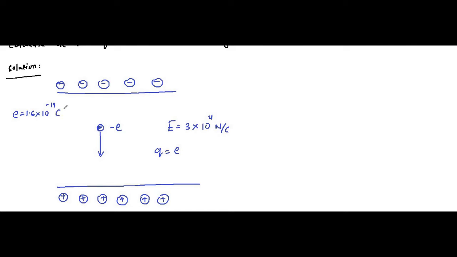We know that electric field is equal to force acting per unit charge, so force is equal to Q into E. Force acting on this electron will be the magnitude of the charge, e, multiplied with the electric field.